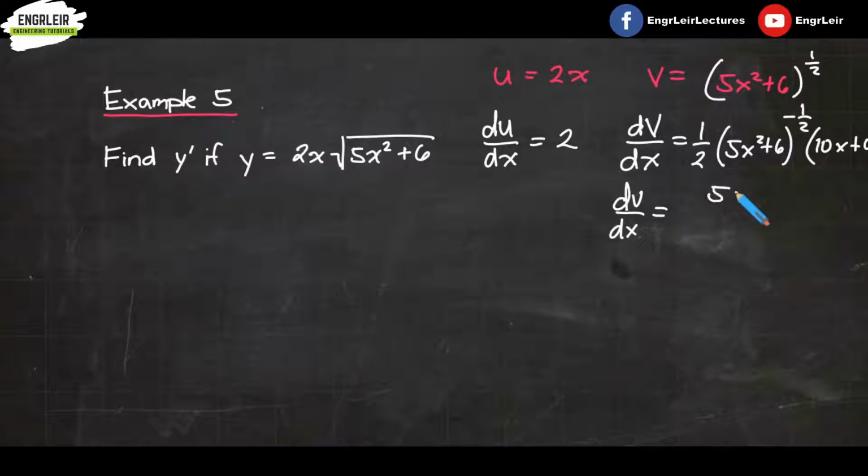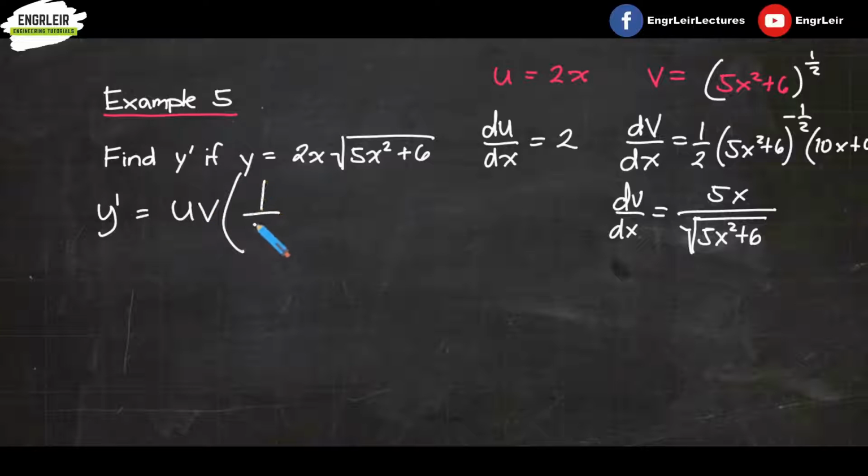So that would be 5x divided by the square root of 5x squared plus 6. Okay, we have completed u and v and their derivatives. We can now use our product rule. This time, the product rule I will use is the other form, uv times 1 over u, du over dx, plus 1 over v, dv over dx. It's the same, right?